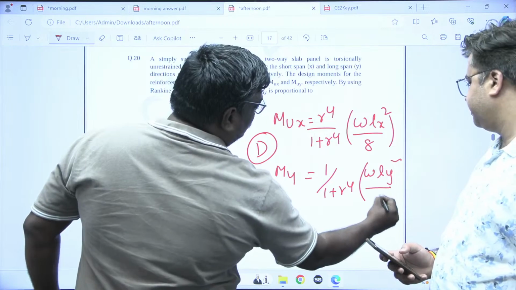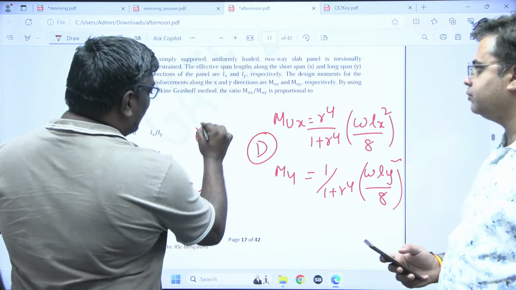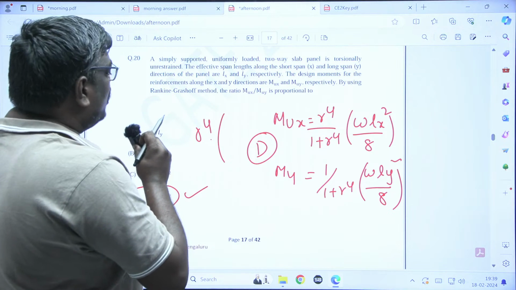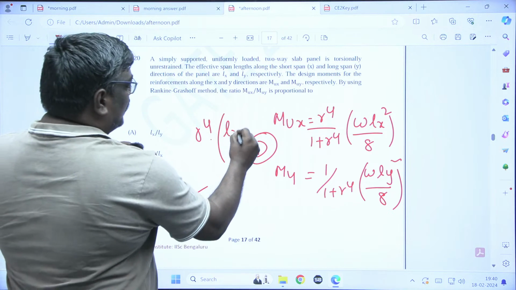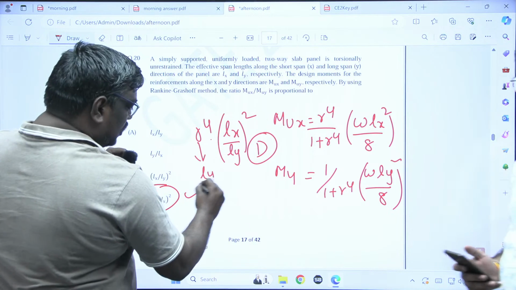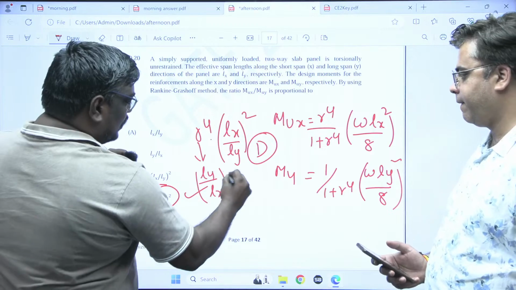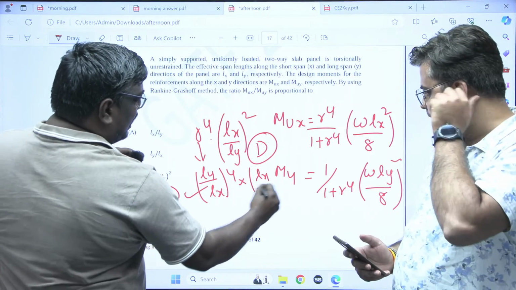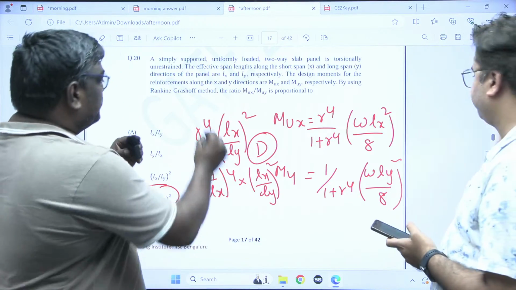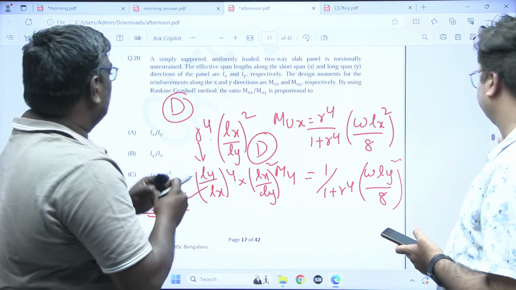If you do this problem, you will get r power 4 into Mux by Muy, a value of Lx by Ly whole square. R power 4 is Ly by Lx whole power 4, into Lx by Ly whole square. If you solve this, you will get a value of Ly by Lx whole square. So option D is the correct answer.